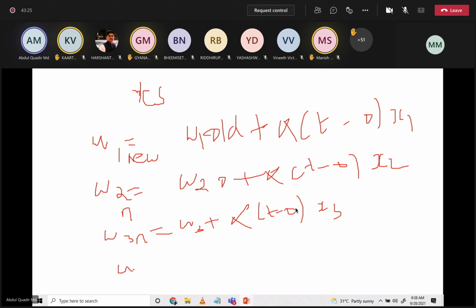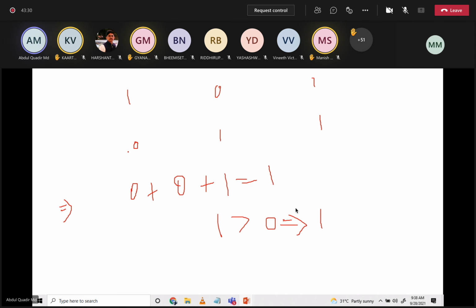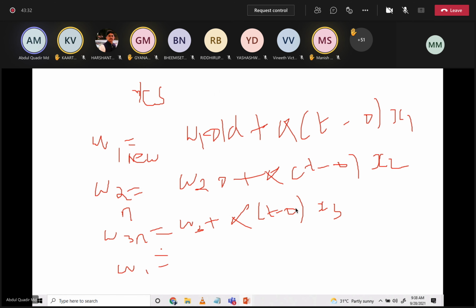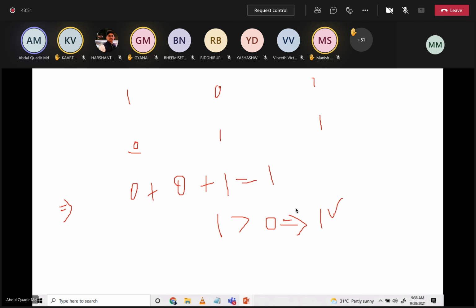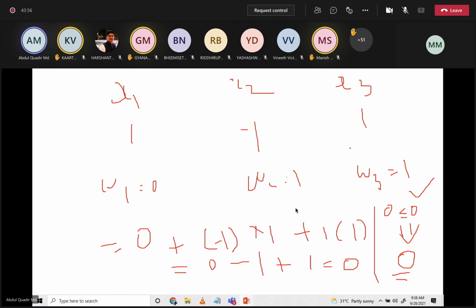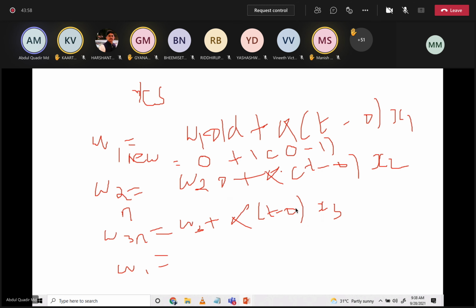Now substitute the values. W1 new equals W1 old, which is 0, plus alpha, given as 1, into target output 0 minus what we have actually received, 1, into x1.